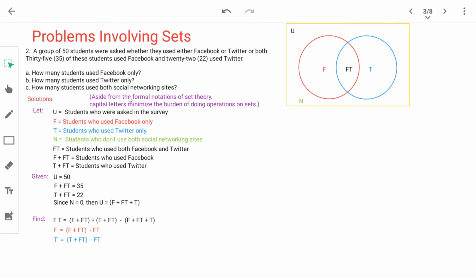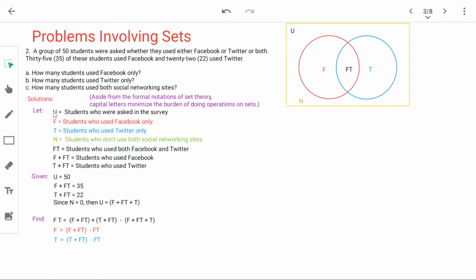For our solution, we can take note that aside from the formal notations of set theory, as we have illustrated in the first example, capital letters minimize the burden of doing operations on sets. So we can use capital letters aside from the formal set notations.